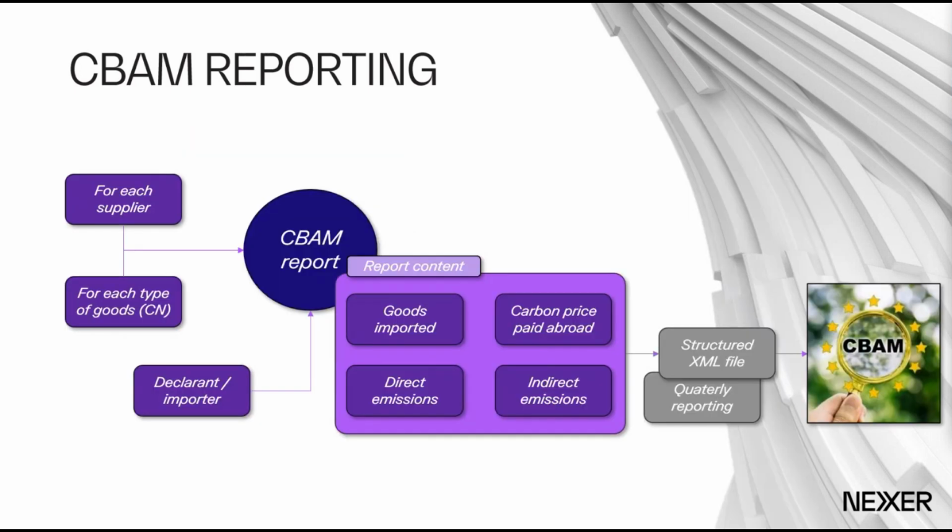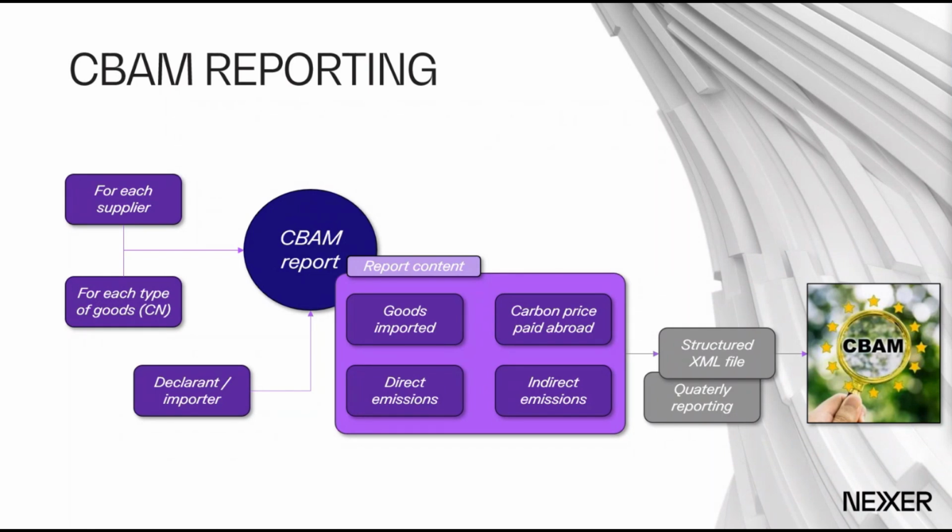So the overall reporting structure, as said: for each supplier, we'll need to collect this information and work together with them. For each of these CN types, these different types of goods in this yellow classification structure, and then being the declarant or the importer, you are obligated to issue this report on a quarterly basis. In the report: how many goods have been imported?